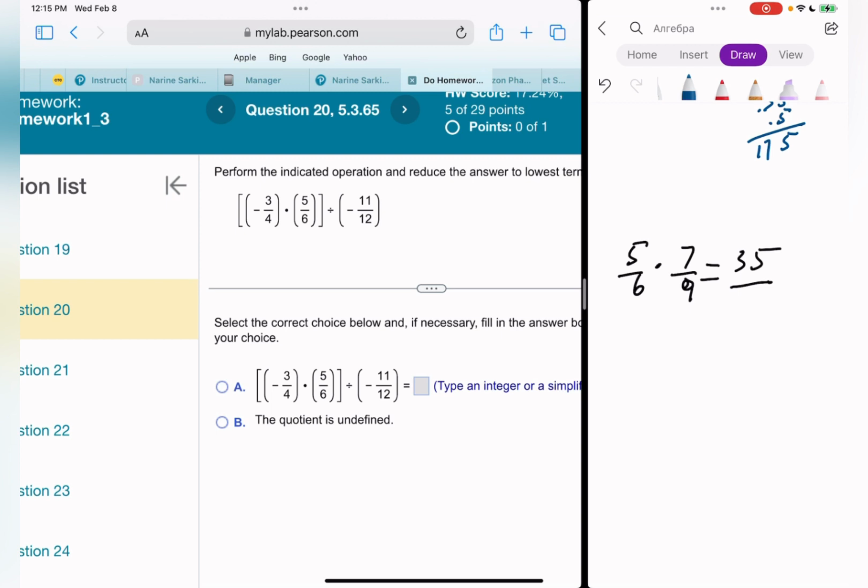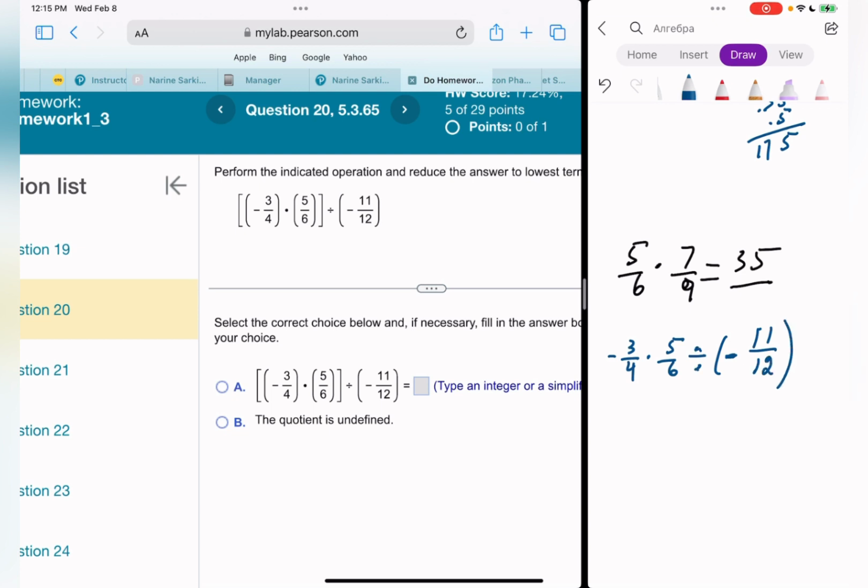So let me show you. Simply write down negative 3 over 4 times 5 over 6 and divided by, now here is divide and then negative, that's why I put a negative sign in parentheses. Otherwise, it would look like subtraction.